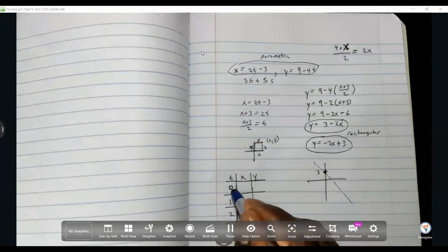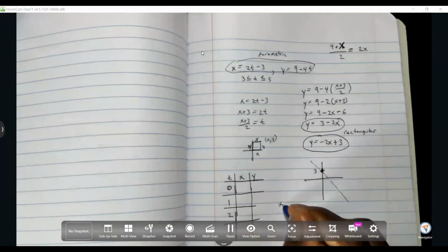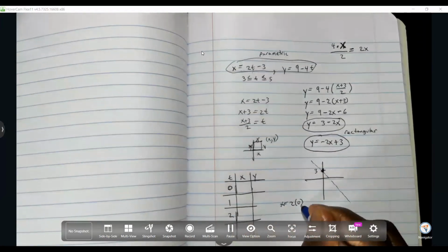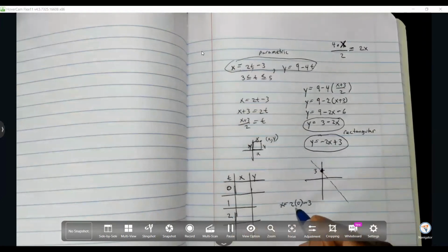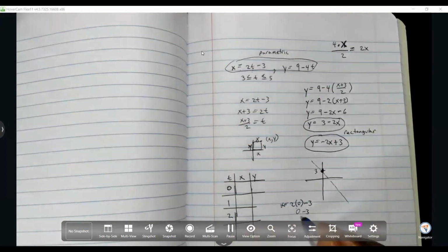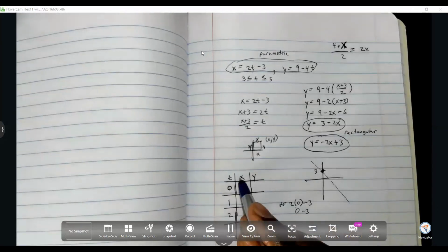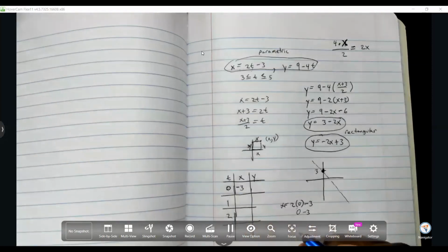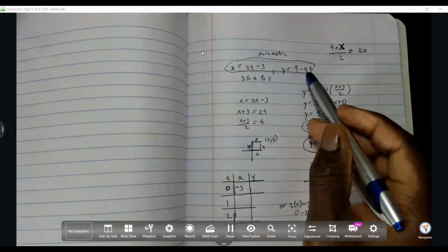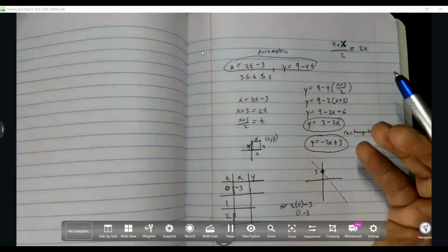So if we plug in 0 for the x, we're basically saying 2 times 0 minus 3. This part is 0, minus 3 is -3. So if I plug in 0 for this x equation, I'm going to end up with -3. Does that make sense? And if I plug in 0 on the y equation, I'm just going to end up with 9.